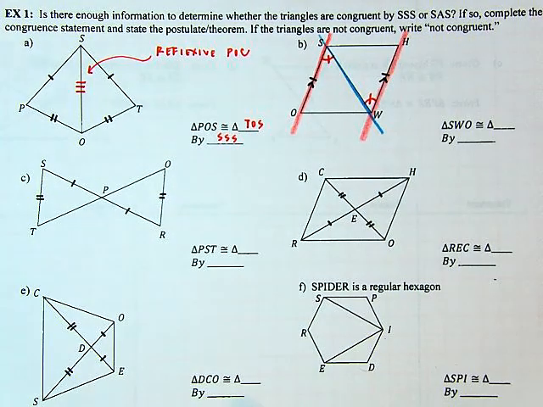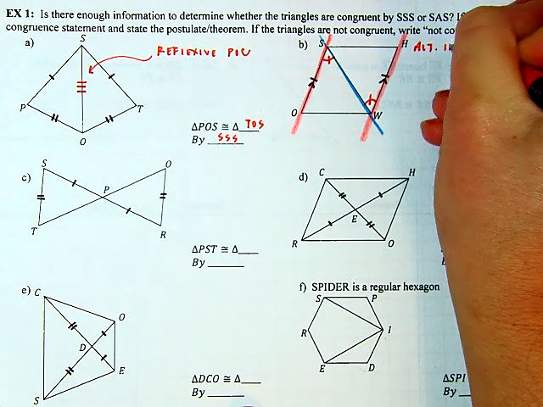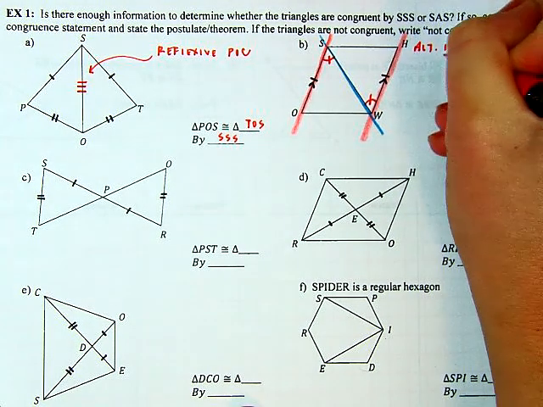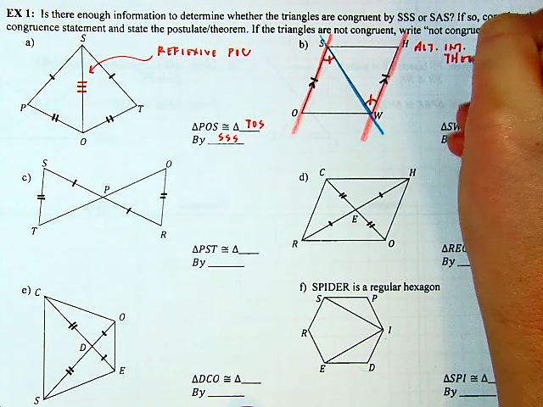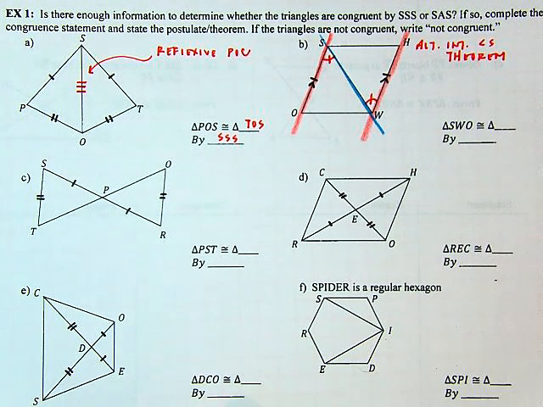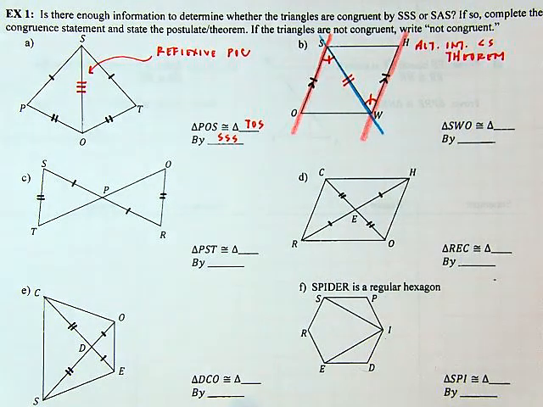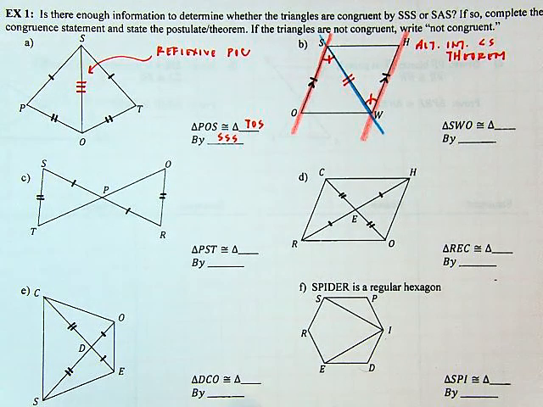So I can link up those alternate interior angles because of the alternate interior angles theorem. I also see a common side right here, so I can give a double tick mark right there. That is the same side for both triangles, so that's the reflexive property again.